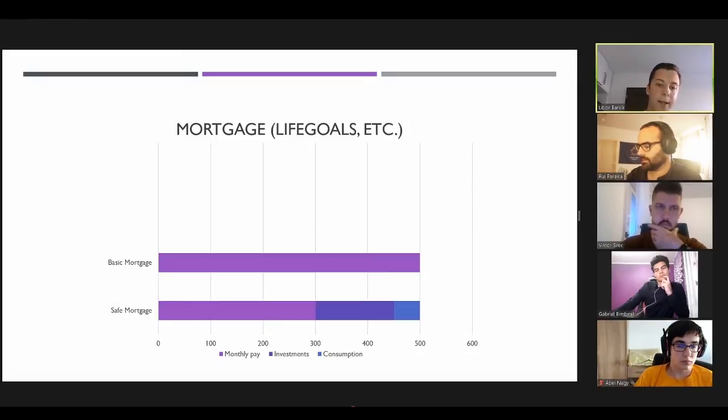So what a safe mortgage does is that you set the mortgage for 30 years, so you pay less every month, but you actually spend the same amount. But the rest is invested, and if you invest this money, in the long run it will make more money, and it keeps going and going, and you end up not paying extra cash because of the money that you have invested for the last 30 years.